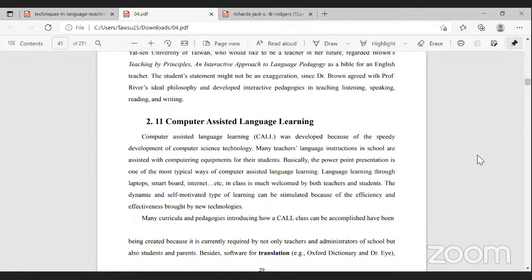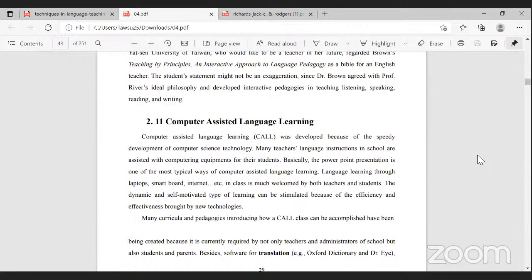What happens in this type of language learning is that students are asked to sit at a computer, and there is a particular software which has already been downloaded in the system.